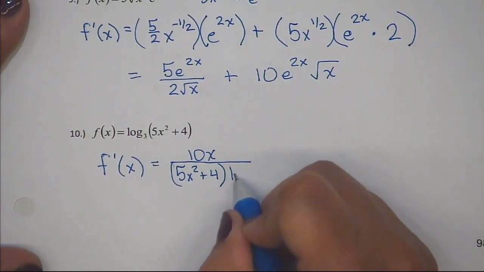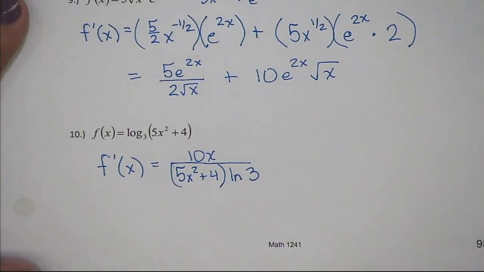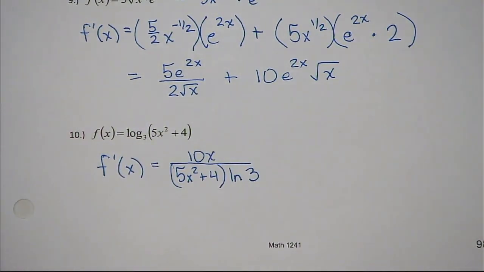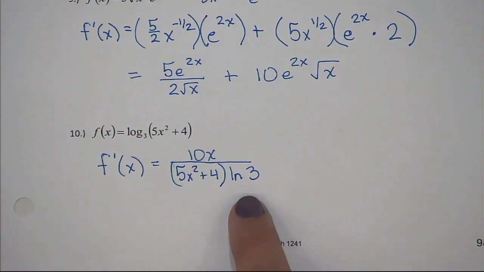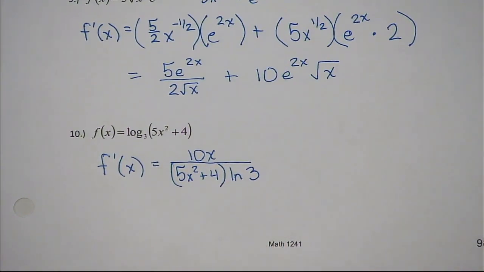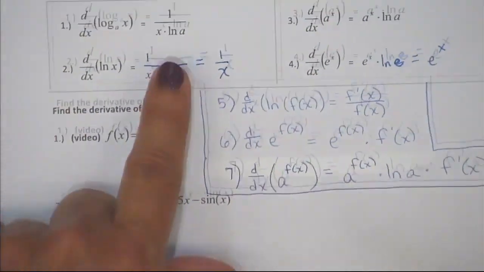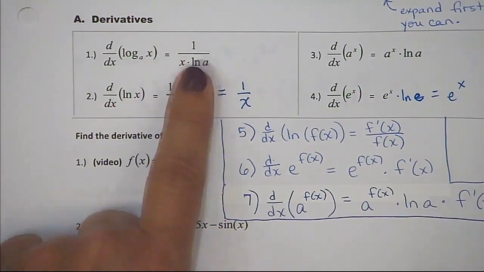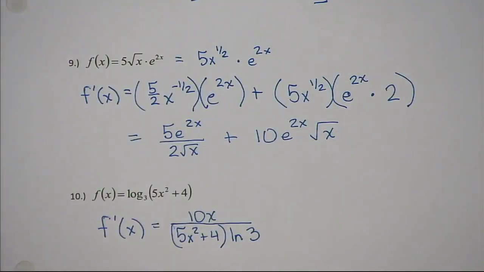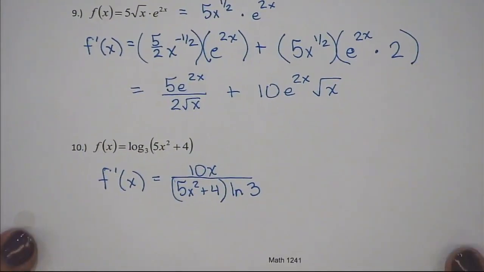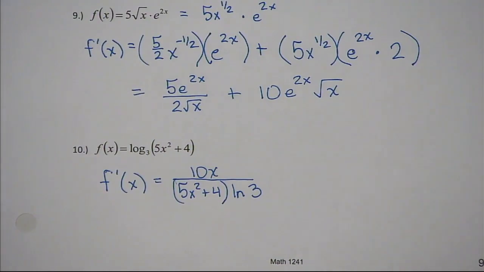So we've got to add a natural log of 3 in the denominator. So again, for a natural log, we'd have that natural log of e sitting right there, but we don't need it. But it goes in the denominator, not in the numerator. Okay, that's your number 1 over here. That's this one. So you do the same thing, but you got that natural log of the base in the bottom, okay? So don't forget those. All right, that's it. Can't do anything with that.